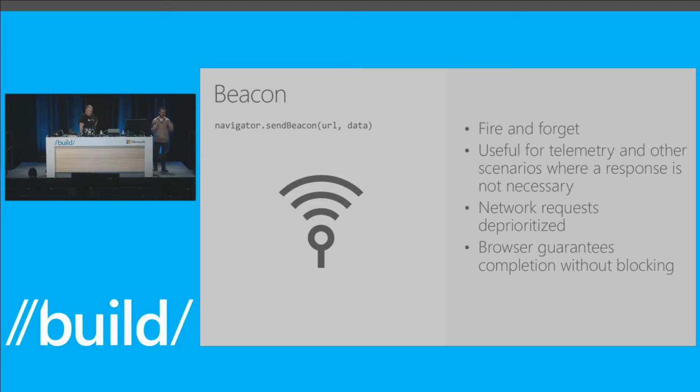So when you call this method, it simply returns. And the browser guarantees that even if the browser navigates away, the request is made and your analytics come back. And we also can deprioritize the network request to make sure it still goes off, but maybe the page that we're loading next is prioritized over that so that we don't harm the user's navigation performance.